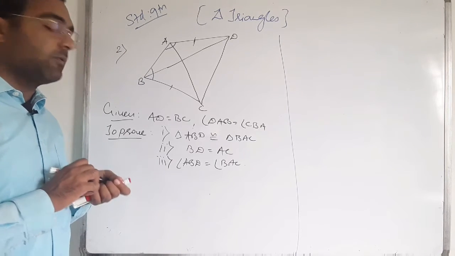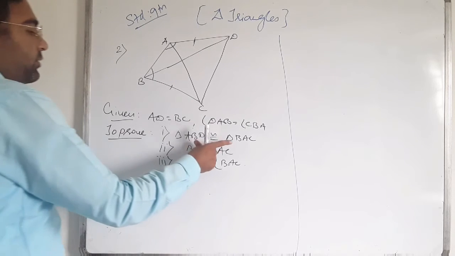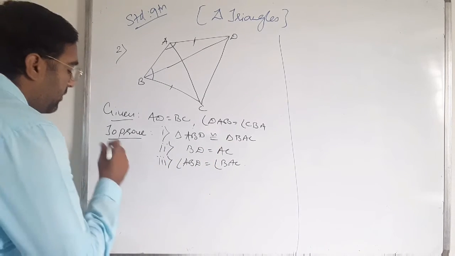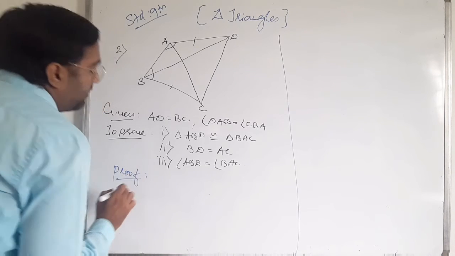So let's start. First of all, we have to prove that these two triangles are congruent.